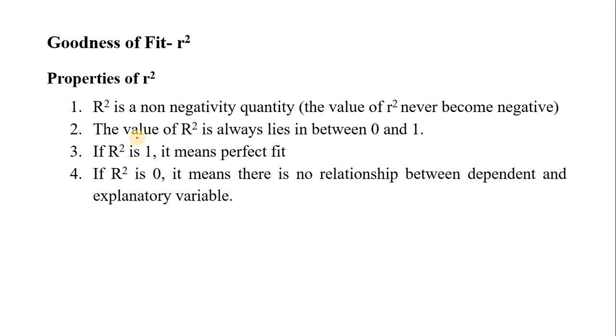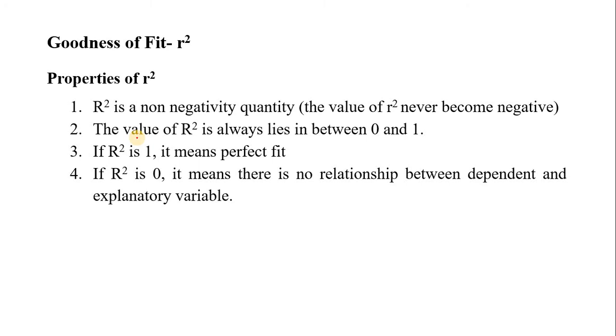If it is 0, none of the changes in the dependent variable are explained by X; 0% of the changes in Y are explained by X. If it is 1, then 100% of the changes in your dependent variable can be explained by X.